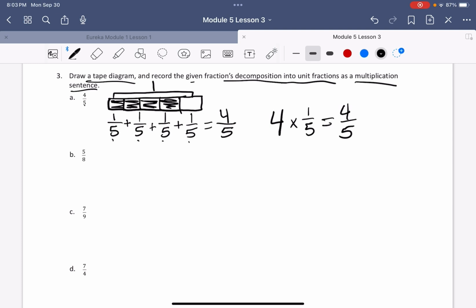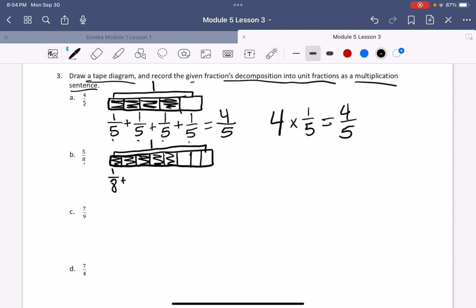Okay, let's look at the next one, 5/8. So we're going to draw our tape diagram. How many parts do we break it into? 8 parts or 7 lines. Okay, and this whole box equals one whole. Shade in 5 of your parts. And each part would be worth 1/8.